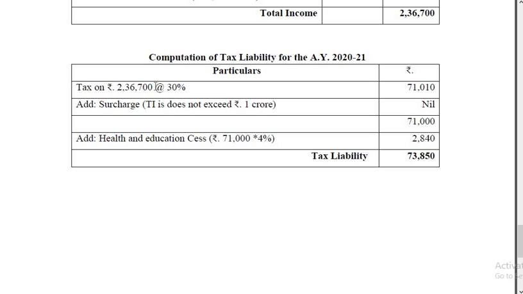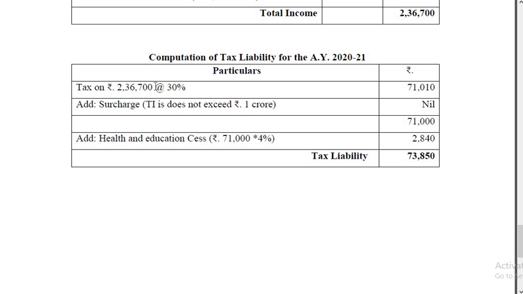Then, on that, you have to calculate surcharge if applicable. If the total income exceeds 1 crore, then the surcharge is say 7%. On the other hand, if it increases say 10 crore, then it is 12%. This is in the case of domestic companies.